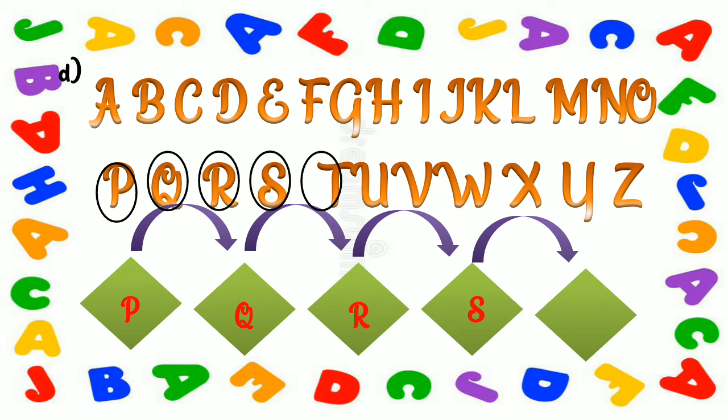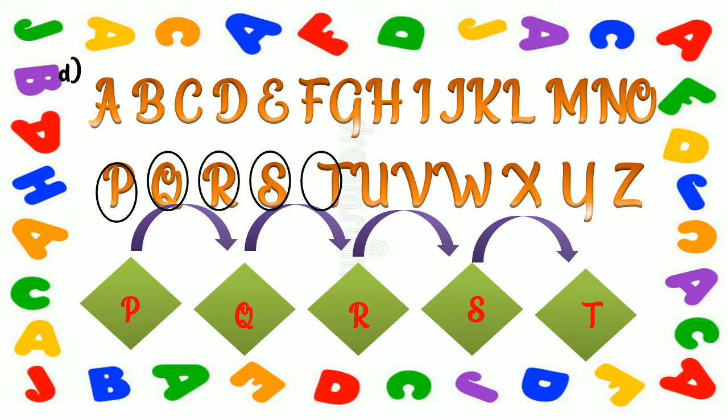So in this question, to continue the series, our letter comes beside, as the next letter. So our answer is T. So it's P, Q, R, S and T. So children, which letter comes next?